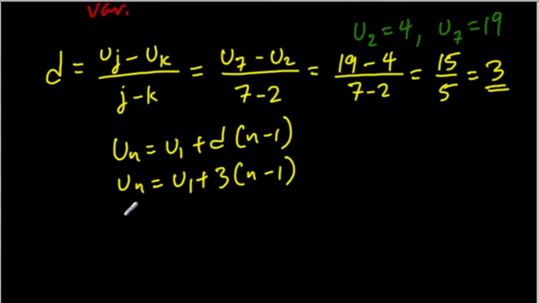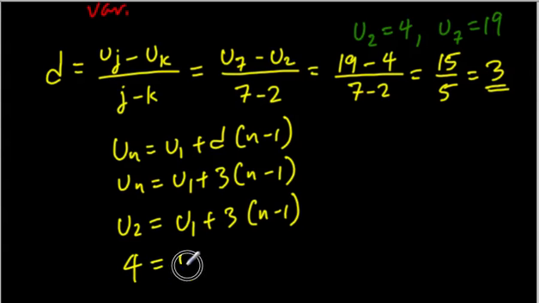So u2 is equal to u1 plus 3(n minus 1). If we're using u2, we already know what n is, and we already know what the term is. So instead of u2, I can say 4 is equal to u1 plus 3 times (2 minus 1), and all we have to do is solve for u1.